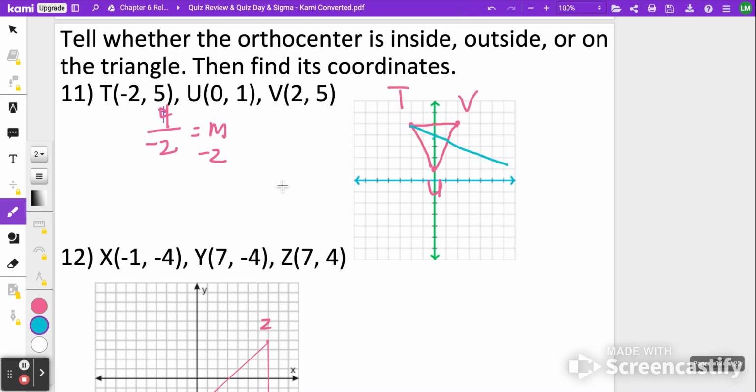And then we can maybe do VU, 5 minus 1 is 4, 2 minus 1 is 2, so that slope is positive 2. So over 2, up 1.